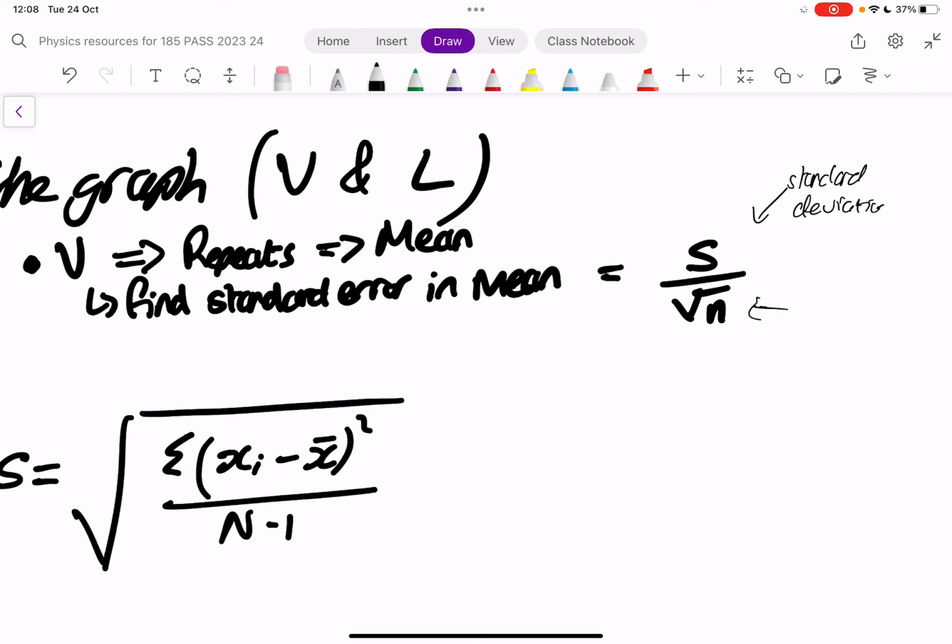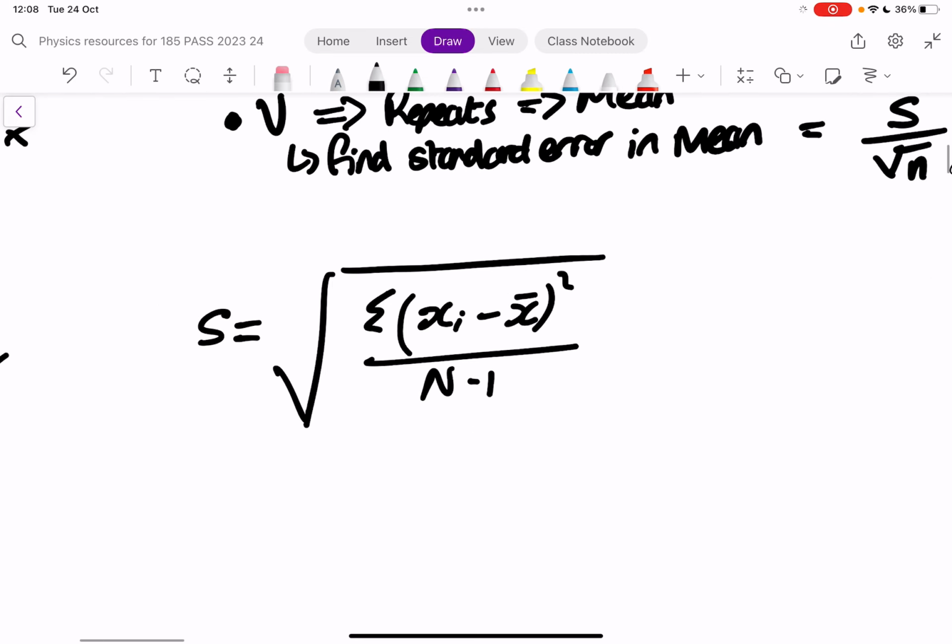N is the number of repeats. If you go back to the first lecture from week 1 and look at the notes in uncertainties, it will talk about how to do standard deviations and standard errors back then. But just as a little bit of a reminder, this is the equation you want to be using.